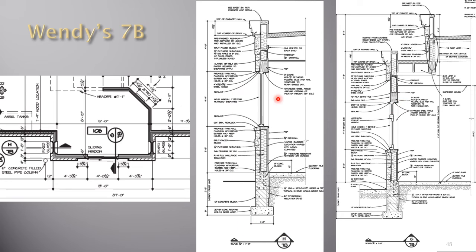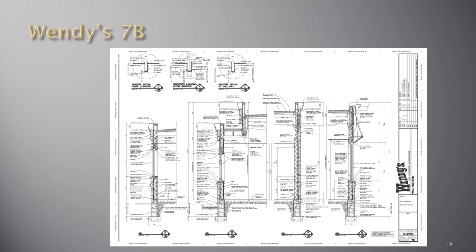Section H is similar. When I look through it, the inside of the building is on my right-hand side, the outside of my building is on the left-hand side, and you can see the types of materials. When we talk about finishes, we'll talk about them in more detail. But again, here's a plywood header made up of 2x10s and plywood fillers.